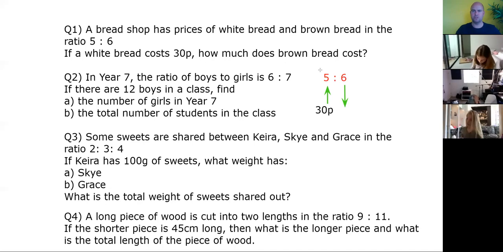Is it 6? 6, okay. So 6 would go here, wouldn't it, when we were doing our practice questions? 6, yeah. And then what do you do? Is it 6 times by 30 or? You take that 6 over here, don't you? Remember? And you do 6 multiplied by, and what's the ratio at the top, the larger one? 6.